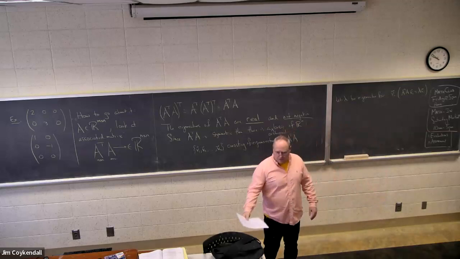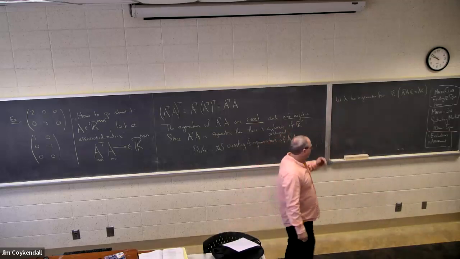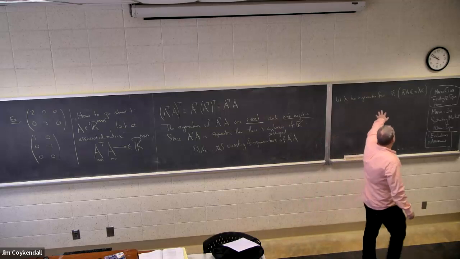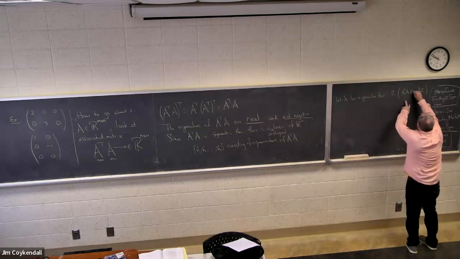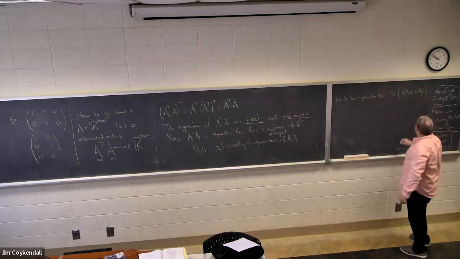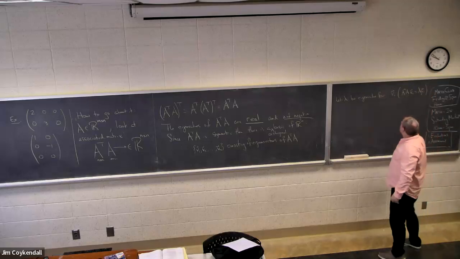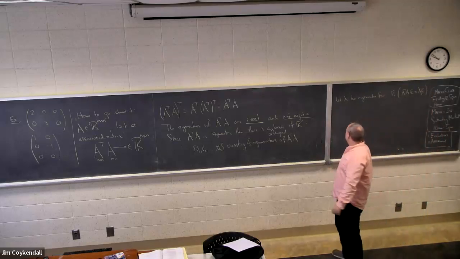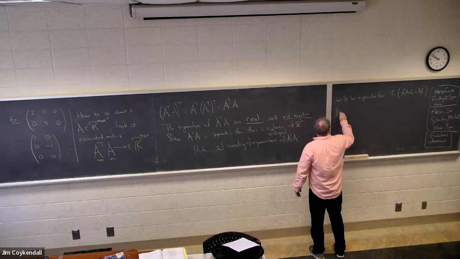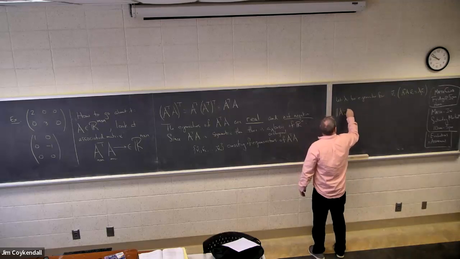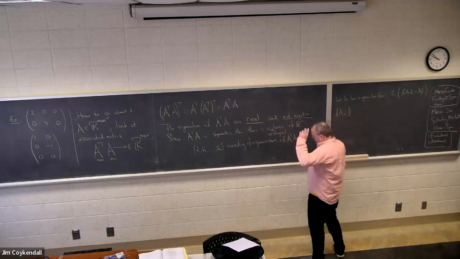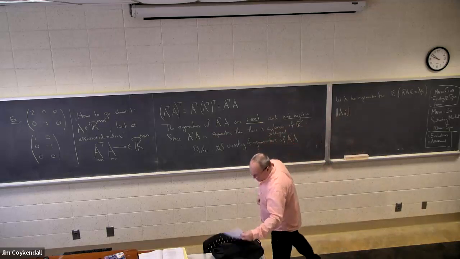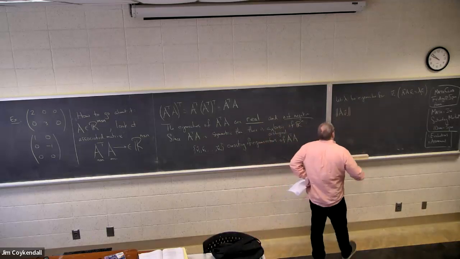Everybody okay with that? So the square matrix A transpose A has v_i as an eigenvector for the eigenvalue lambda_i. Okay, so let me do this computation.